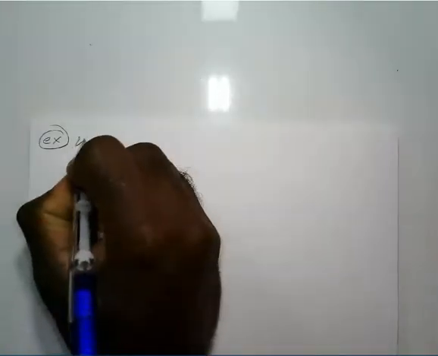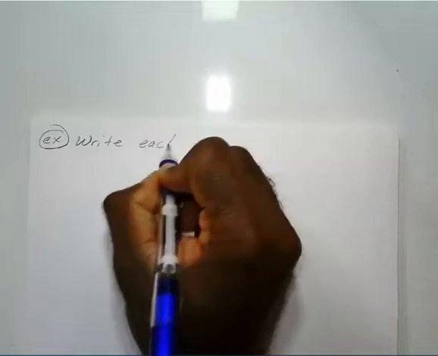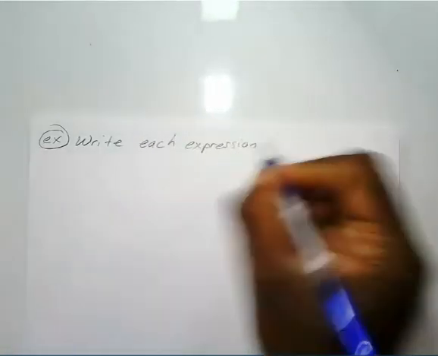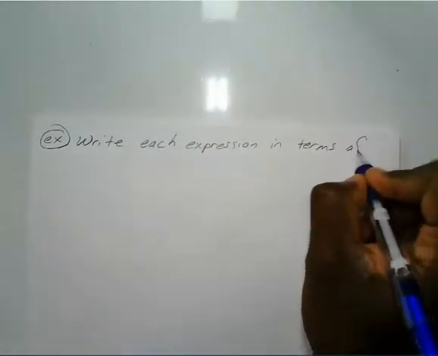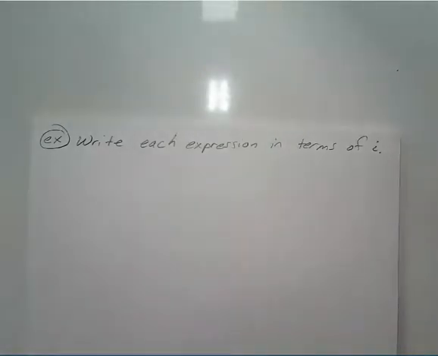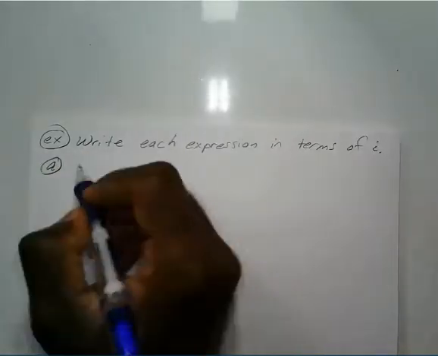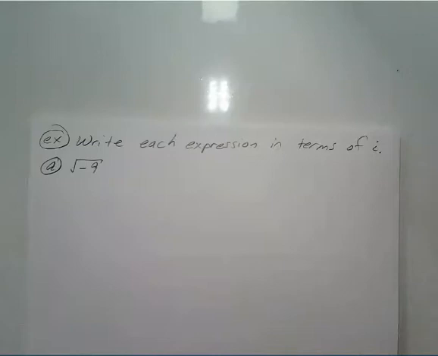All right, so let's say, for example, we want to write each expression in terms of i. Let's say for problem A, we have the square root of -9.